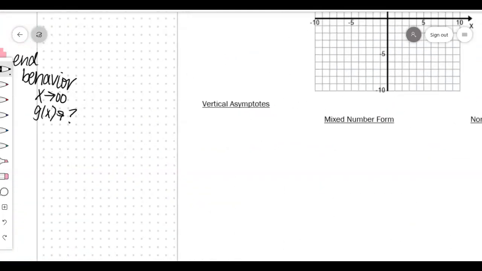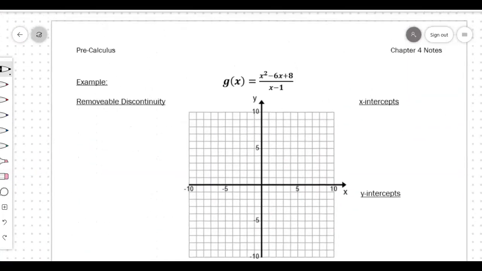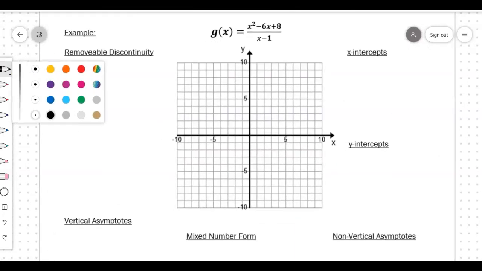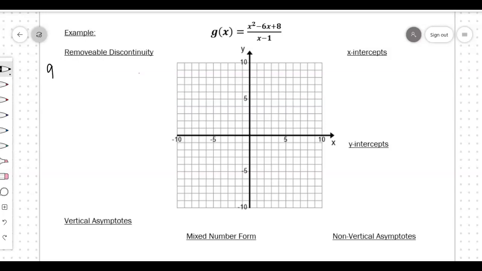So lastly, our third one. Same idea, we're going to start by factoring. The top will factor into x minus 4, x minus 2, and the bottom is already just a linear term, so it won't factor.